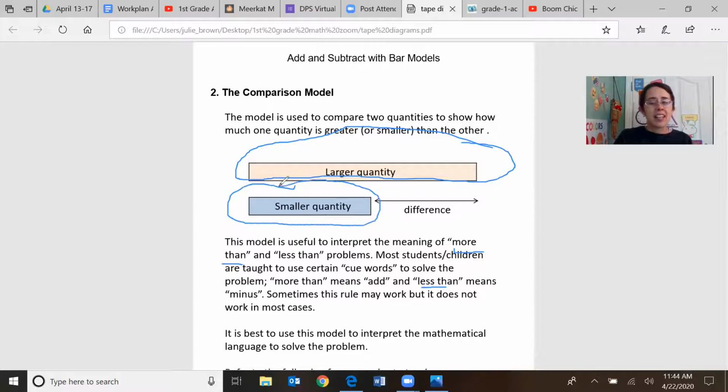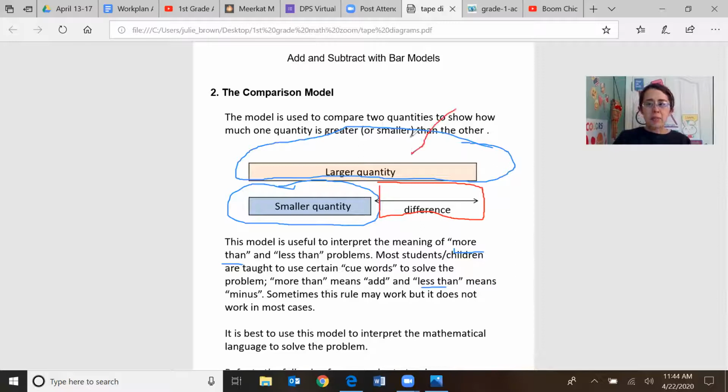But Andrea, a smaller quantity, only has 5,000 cookies. And the question would be, how many more cookies does Miss Brown have? And that is called the difference. I won't take the large bar and the small bar and add them together. I want to know how they are different.